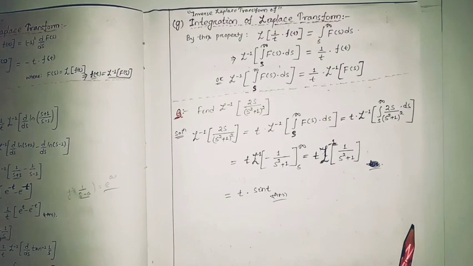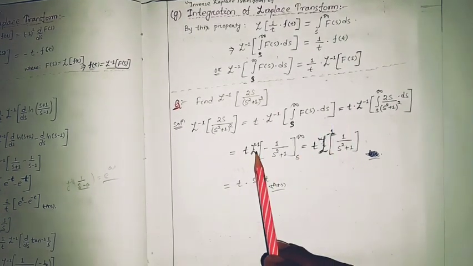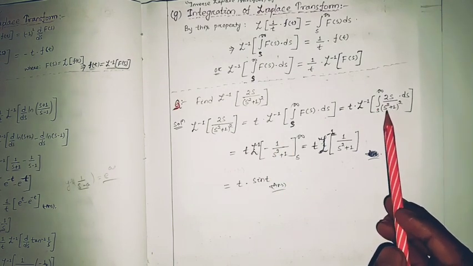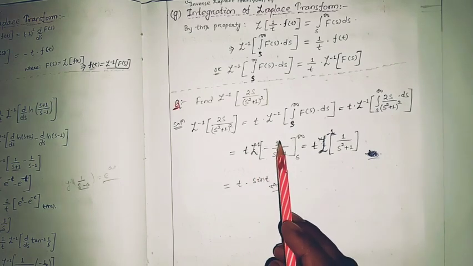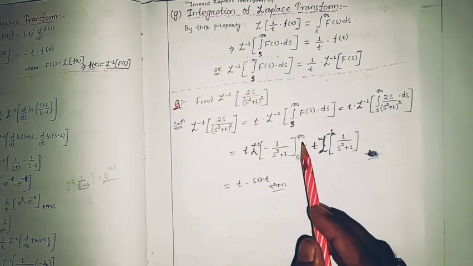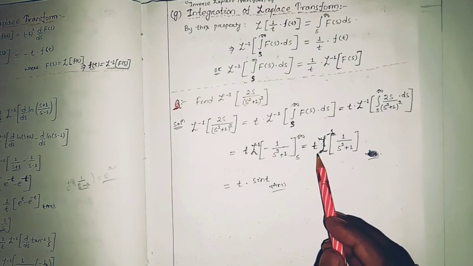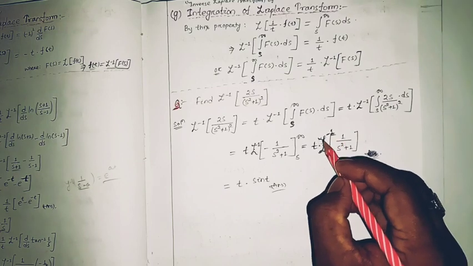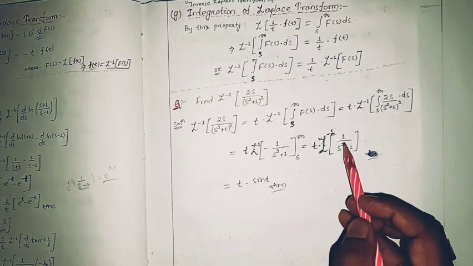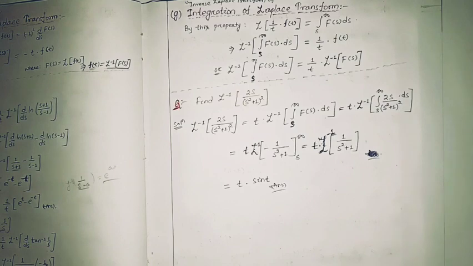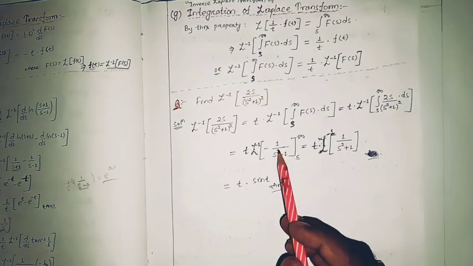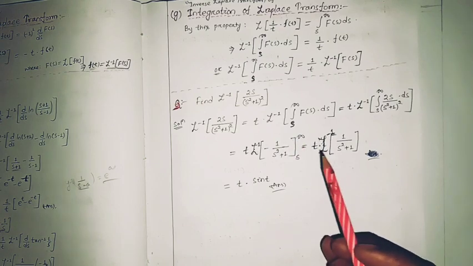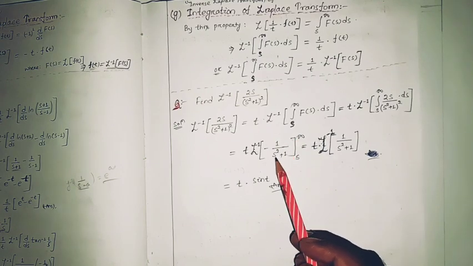The inverse Laplace transform of the integral from s to infinity of 2s by (s square plus 1) whole square ds, right? So t is there, t into the inverse Laplace transform of, if I integrate this one, 2s by (s square plus 1) whole square, then it will be minus of 1 by (s square plus 1), limit s to infinity. Then t into the inverse Laplace transform of, here you can see that if I put infinity, then the value will be 0, minus, I have to put s, this will be s square plus 1.